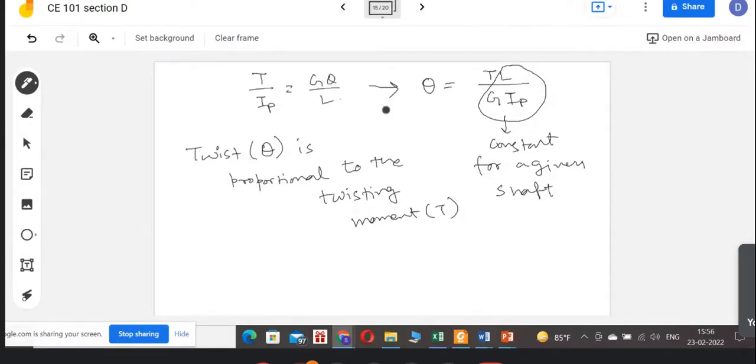Now, this GIP, these two terms together, we can write as torsional rigidity.